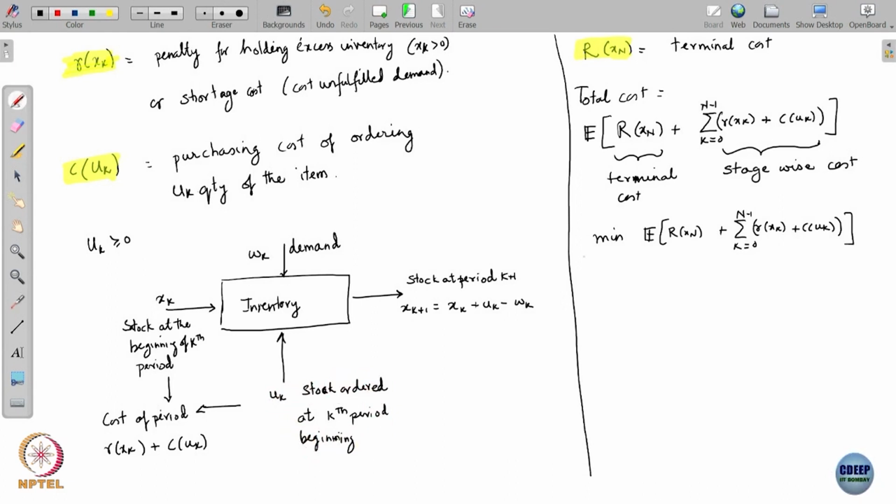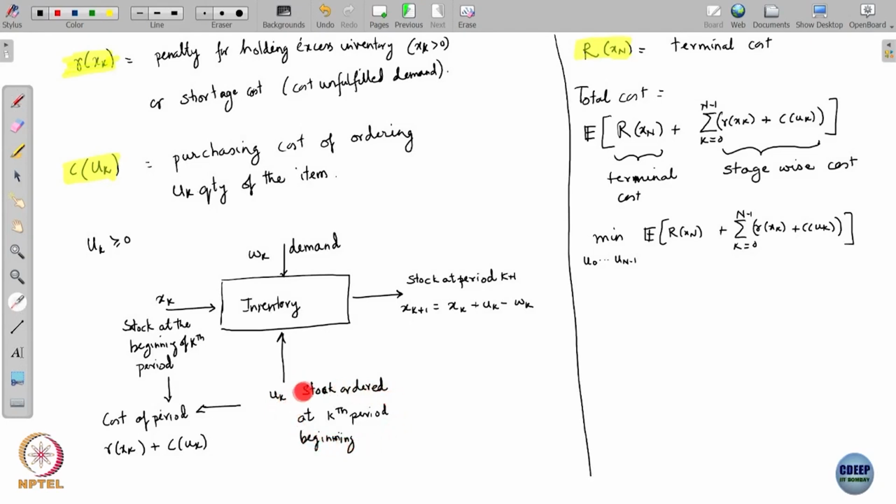Now, there is a little bit of a catch here, and that is one thing I want to make sure all of you understand. If I write here my action that I want to choose, which is u0 to un minus 1, while that is correct, yes, I do want to choose the quantity that I want to order at each time instant.